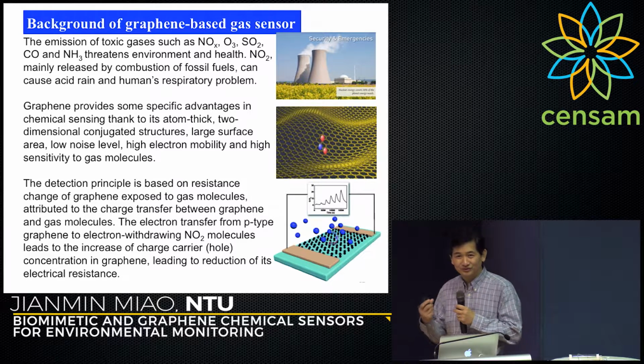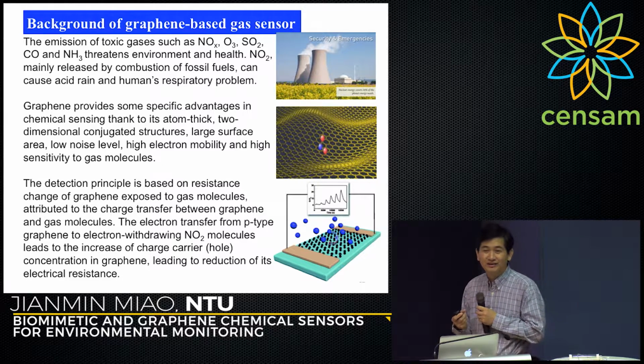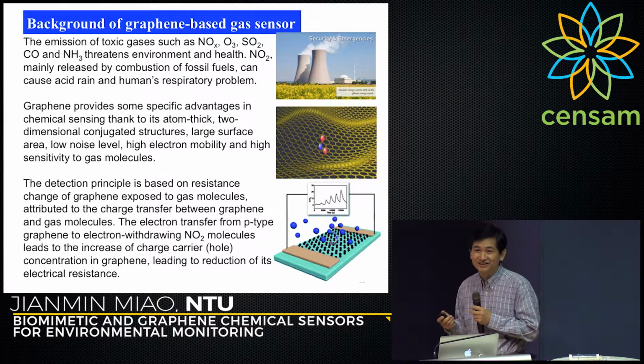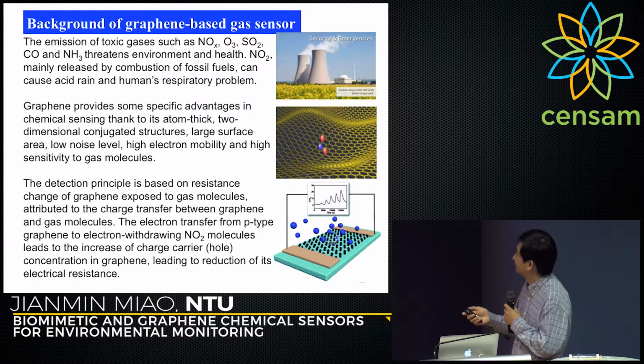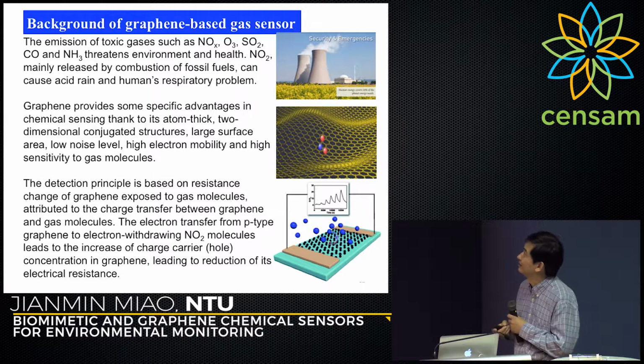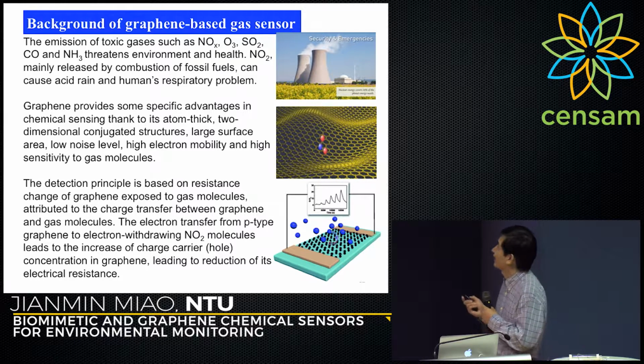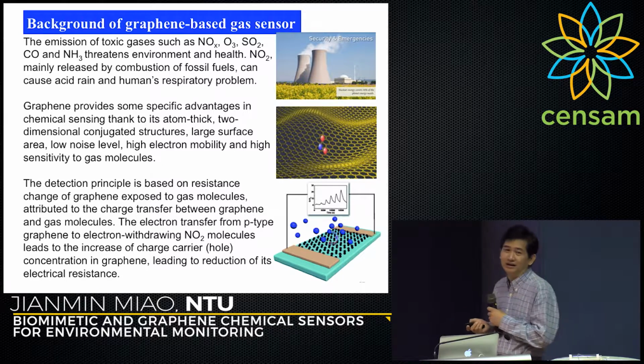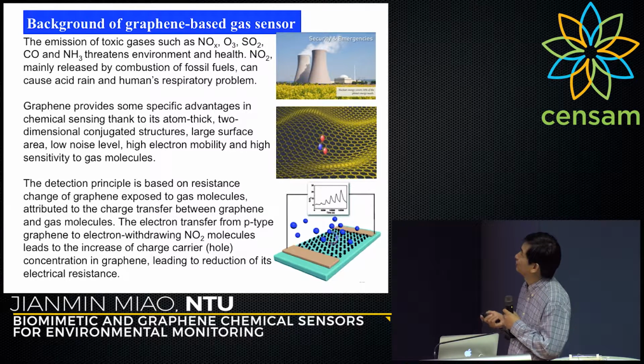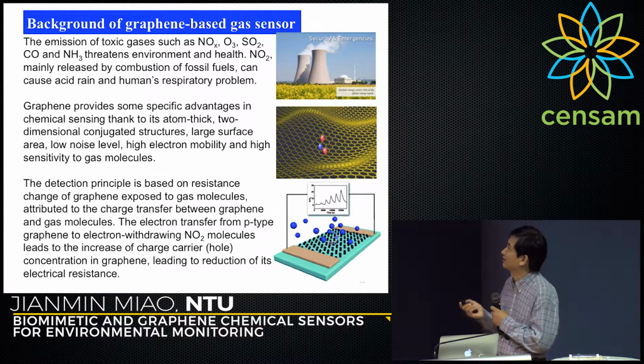Now we are doing a sensor for environmental monitoring in the air, so it's different from water. In the air, normally you see such gases as NOx, NO2, O3, SO2, CO, and also ammonia.